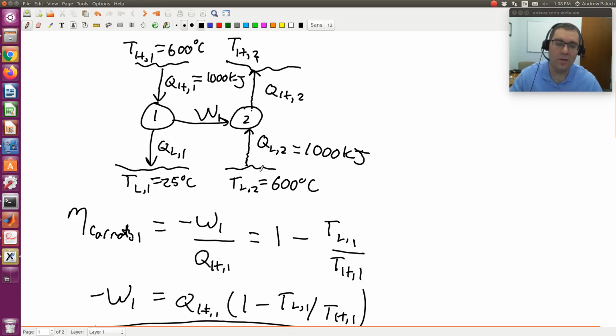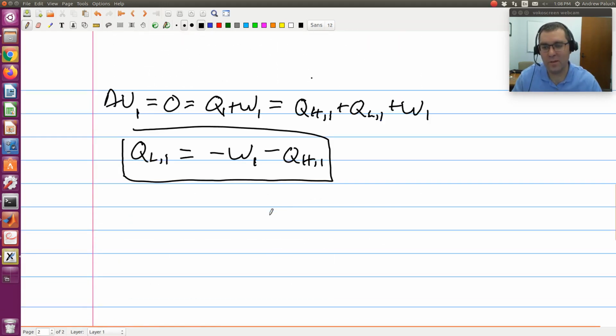So the net work of cycle 2, W2, is just equal to W1. It's taking work in, and the whole premise is that for my cycle, I'm starting and ending at the same point.